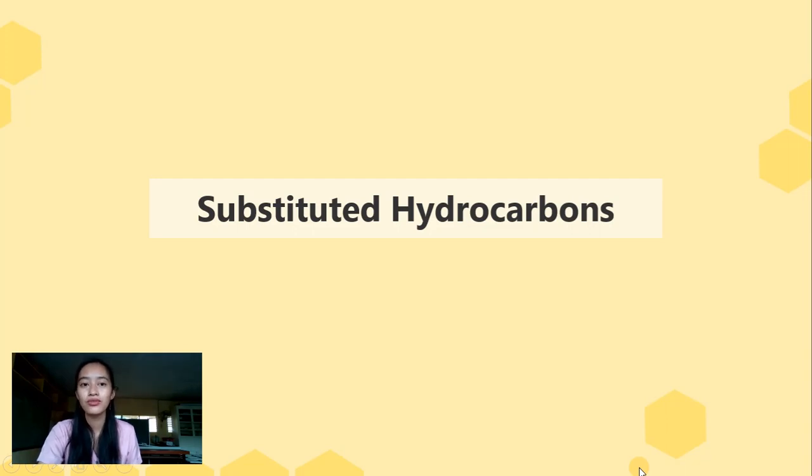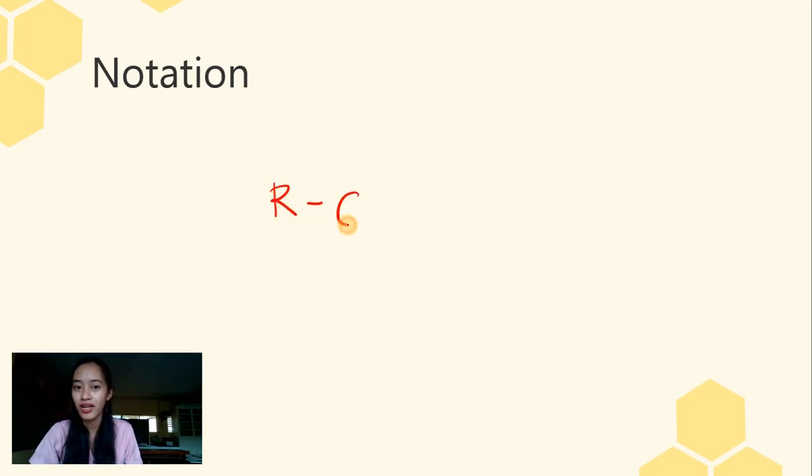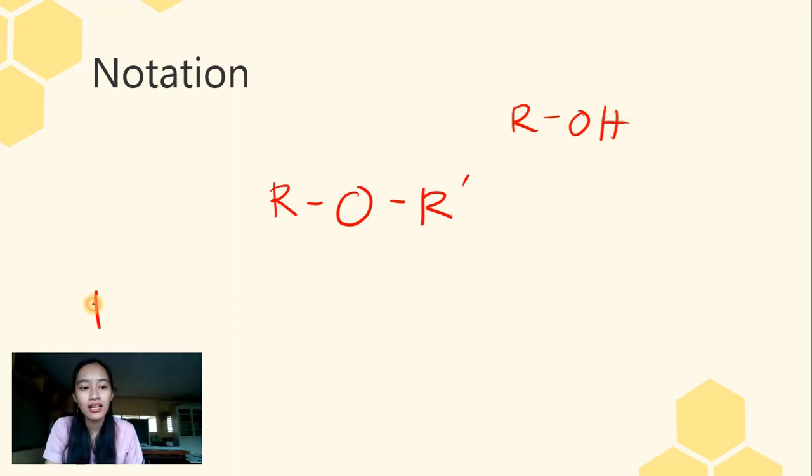Now let's go to the specific substituted hydrocarbons, the categories or families of hydrocarbons. But first, we have to familiarize ourselves with the notation. I will be showing you the general formula or the general structure, and you will be seeing this repetitive pattern, for example R, R prime, R-OH, or R-CO-R.